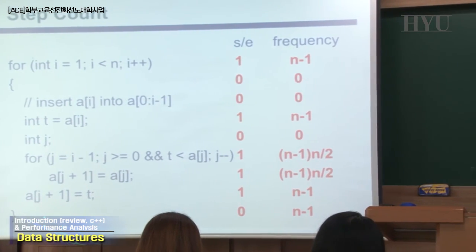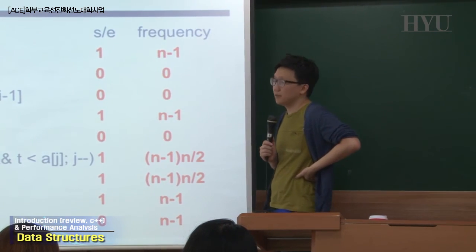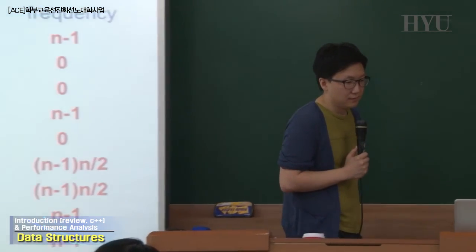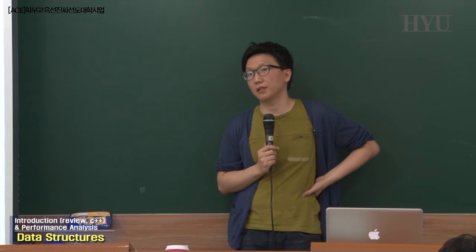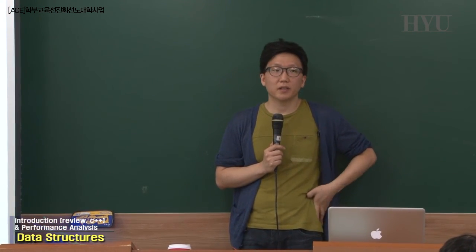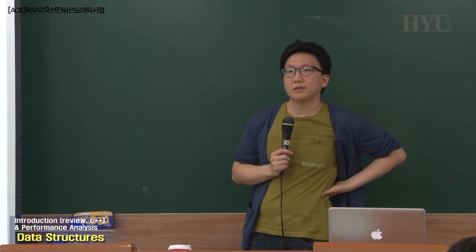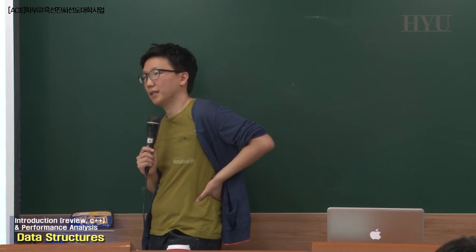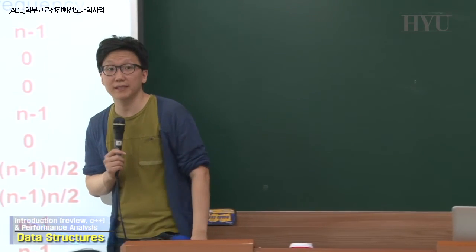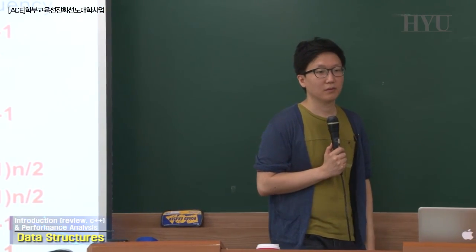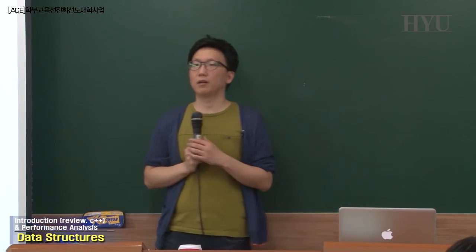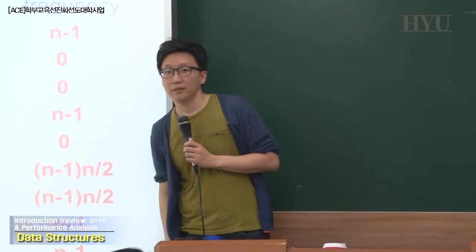So, if I ask you a question, how many time steps does it require for this single algorithm to run? What can you do? Easy. I asked for the overall performance of this algorithm in terms of the steps. Yeah, you add them all.